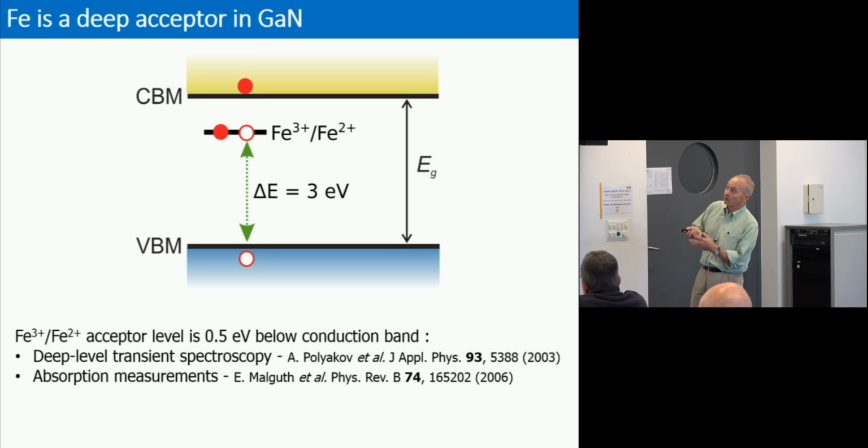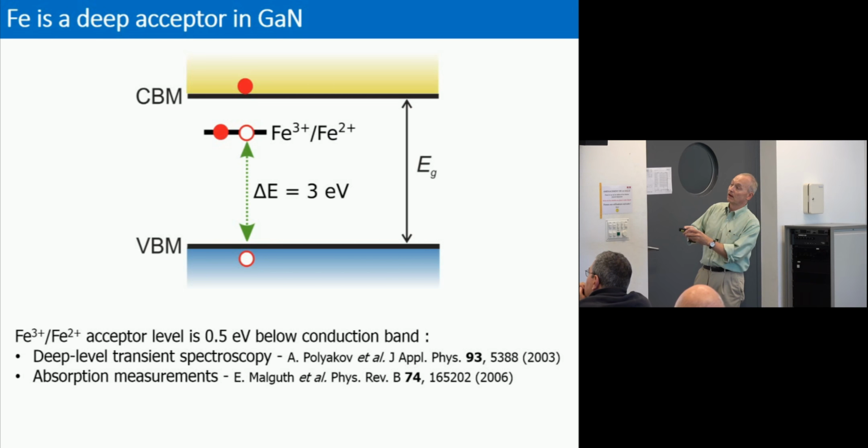And these are very reliable studies that establish that the defect level associated with iron is about half an eV below the conduction band of gallium nitride. The band gap of gallium nitride is about 3.5 eV, so half an eV to the conduction band, 3 eV energy difference to the valence band.